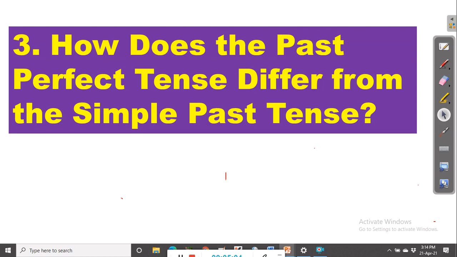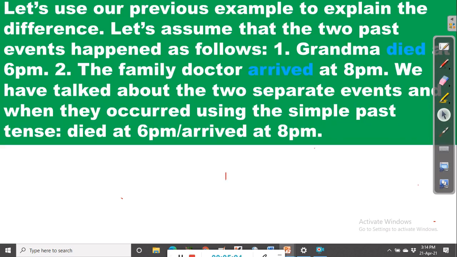Among them also is the past perfect tense. But the question here is, how does the past perfect tense differ from the simple past tense? Both of them can be used to talk about things that happened in the past, but how does the past perfect differ from the simple past? Now let's look at it.